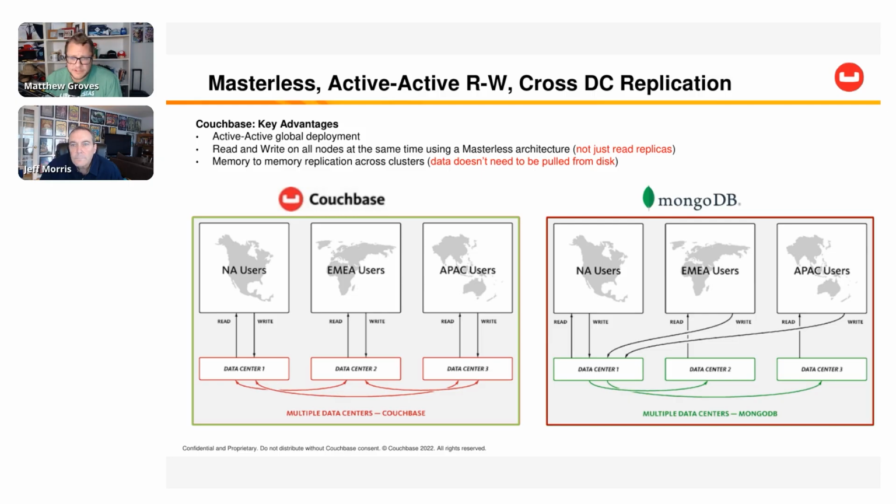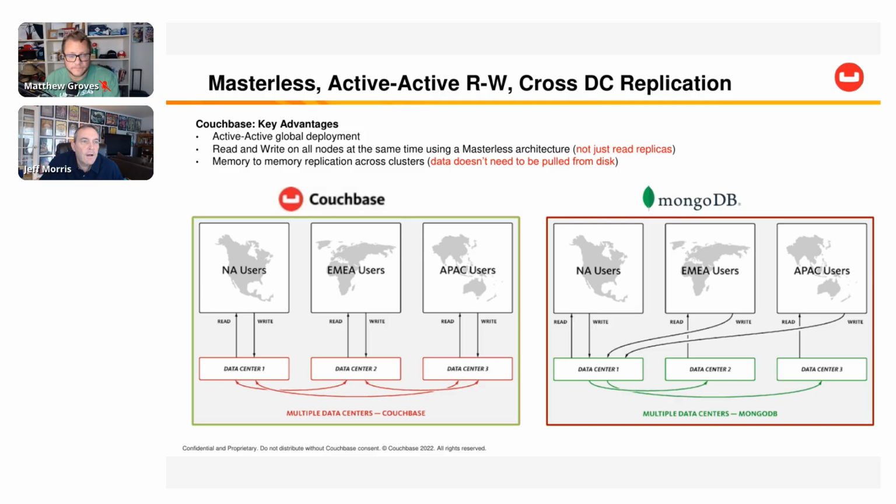Now, that sounds okay, except that, again, going back to the primary secondary situation, in this diagram on the right, all the writes have to go through data center 1. So even if you're all over in APAC, you've got to send your writes over to North America. So that's just going to increase the latency when you're updating data. And so that is, again, a fundamental difference between our architectures that leads Couchbase to have a better performance there.